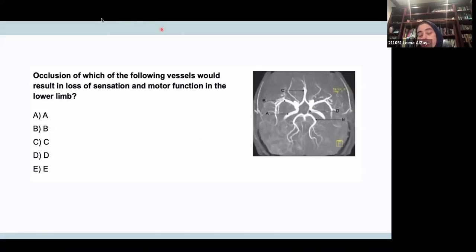Anterior choroidal artery. Perfect. That's a better answer. Occlusion of which of the following vessels would result in the loss of sensation and motor function of the lower limb? The highlight over here is the lower limb, because if we're talking about the cerebrum, the lower limb, we have to remember the homunculus.